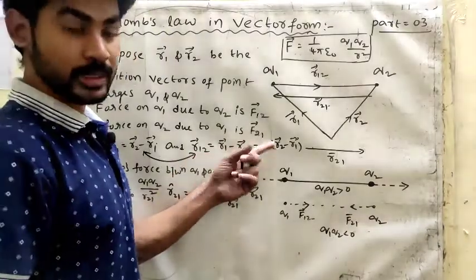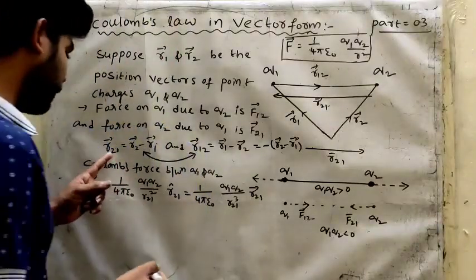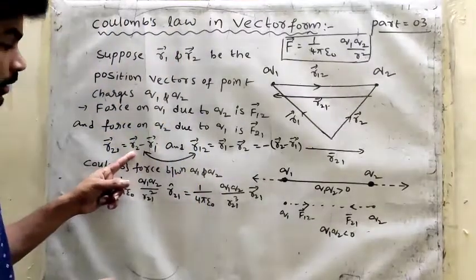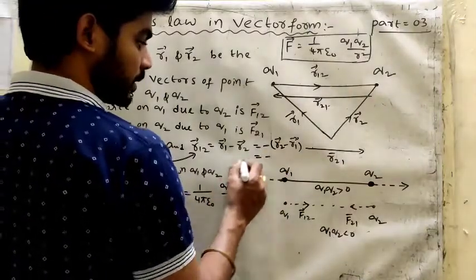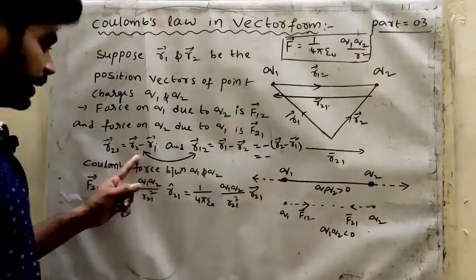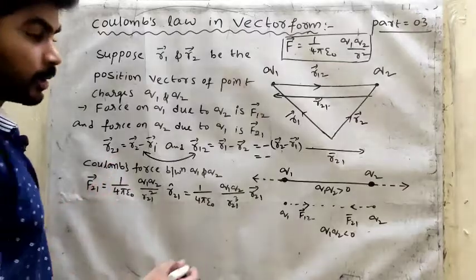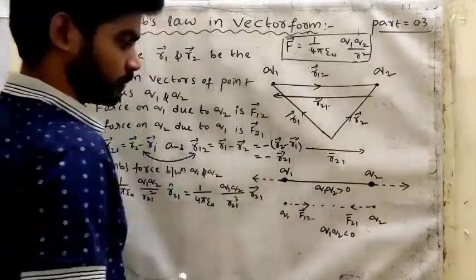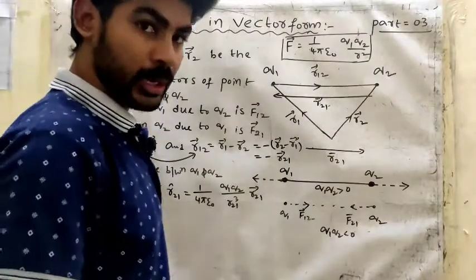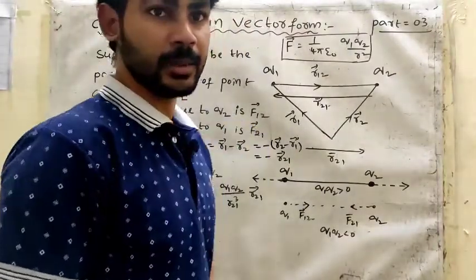Now compare the r21 value, r2 bar minus r1 bar, is equal to minus of r2 minus r1. Can I substitute this one as r bar 21? So we are measuring the vector directions now.